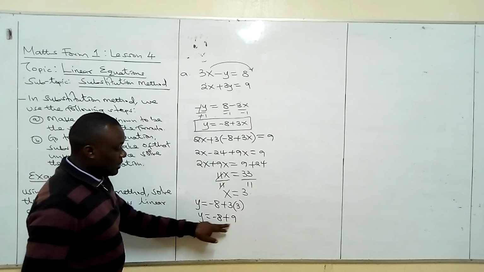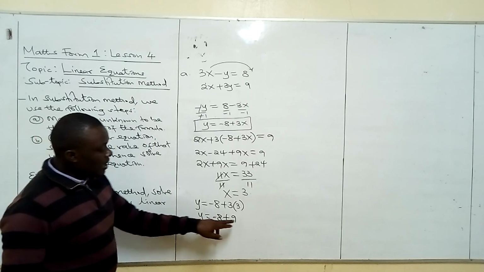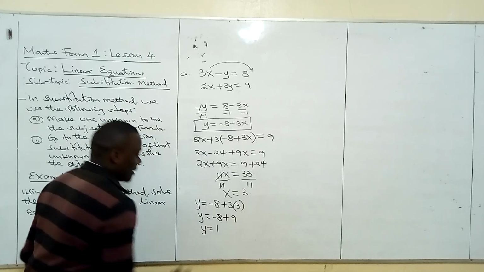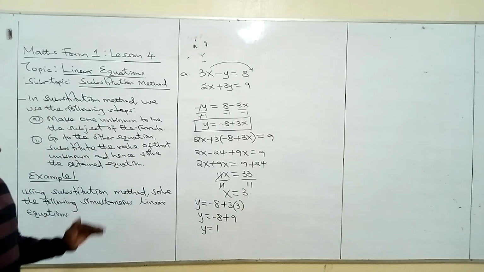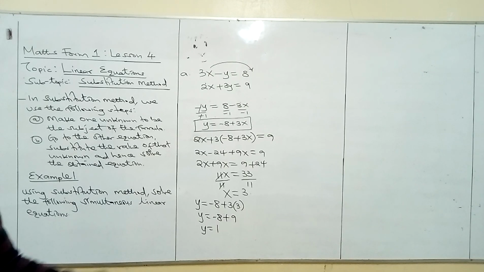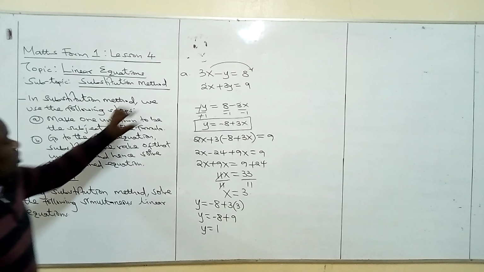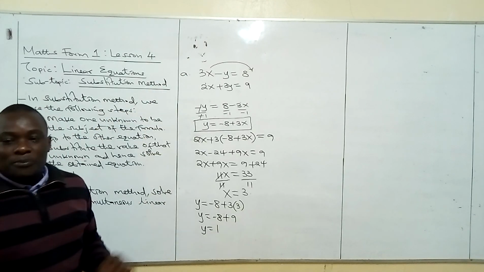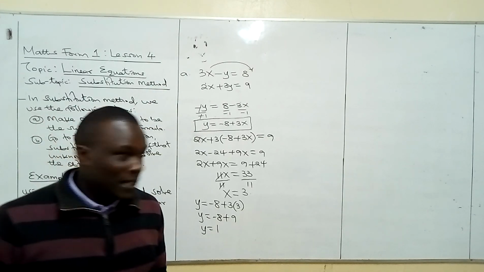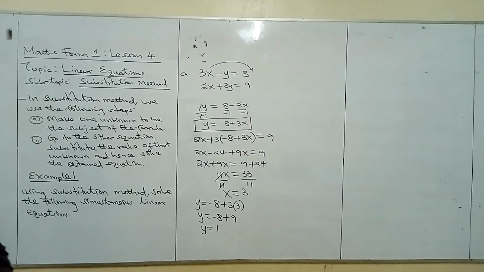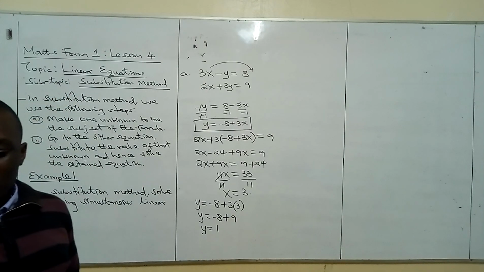Minus 8 plus 9 is like saying 9 minus 8. So we will have y is equal to 1. As you can see, we have obtained the values of x and y. So it means the two linear equations have been simultaneously solved using which method? Substitution method.